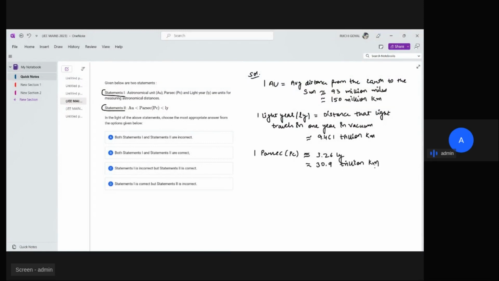Okay, so these are the three quantities in the question given to us. So the first statement is correct, as they are the units for measuring astronomical distances, because these three units are for distances only. So statement 1 is correct.